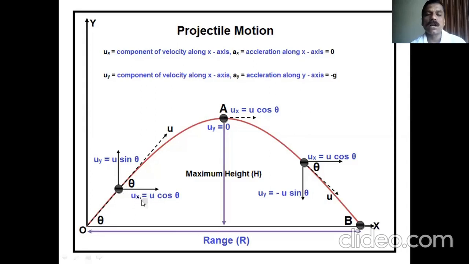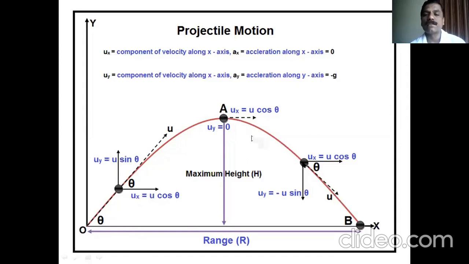The horizontal component ux is given by u cos theta, and the vertical component uy is given by u sin theta. At maximum height, you will find the vertical component of the velocity becomes 0.